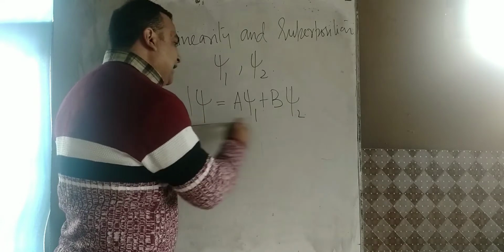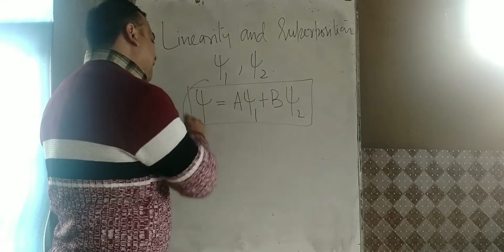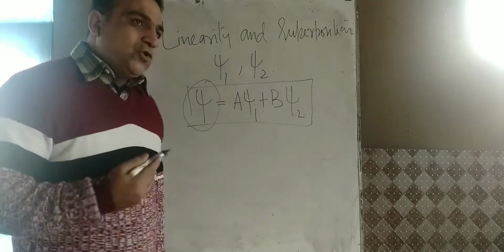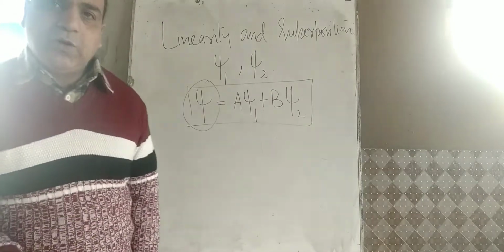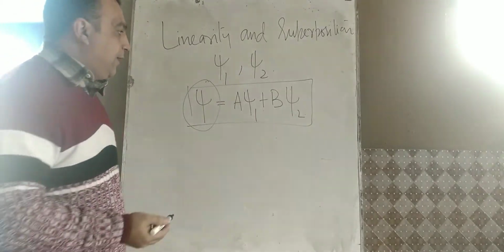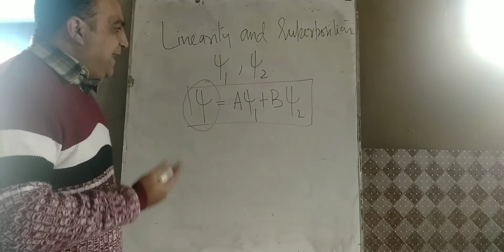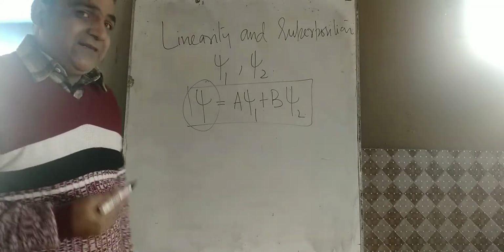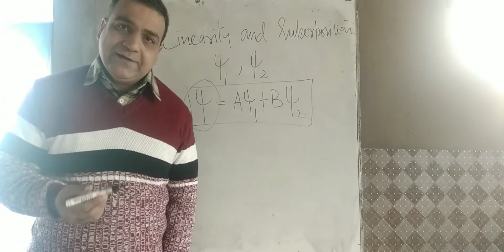Now this psi can also be assigned as the solution to the Schrodinger's wave equation. So we should say that psi is linear. There is a linearity. The wave function is linear.